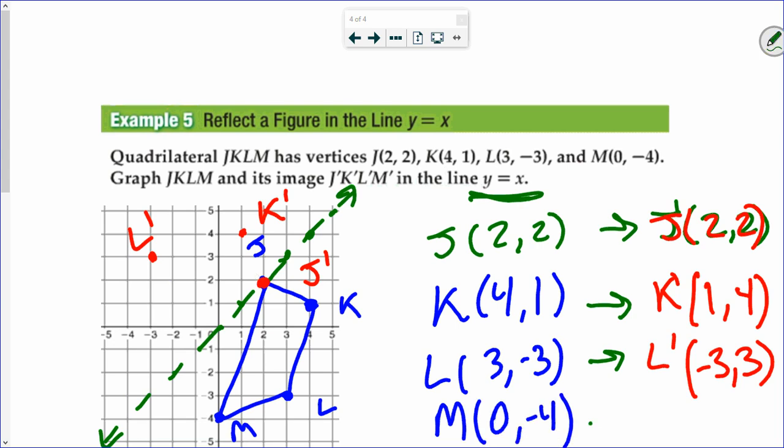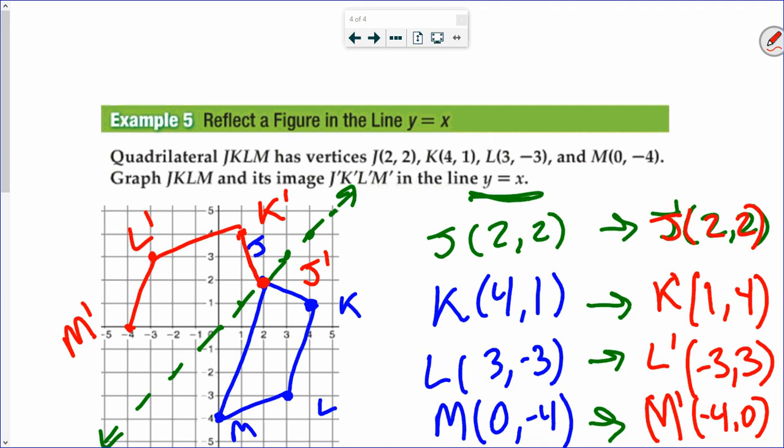To reflect that across y equals x, just flip the ordered pair, so (-4, 0) is the point. Then connect all of these. This quadrilateral is our reflection across the line y equals x.